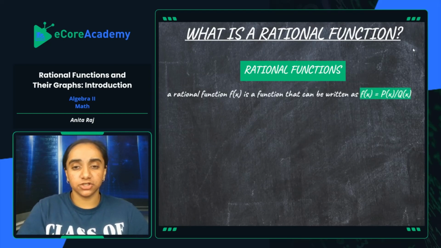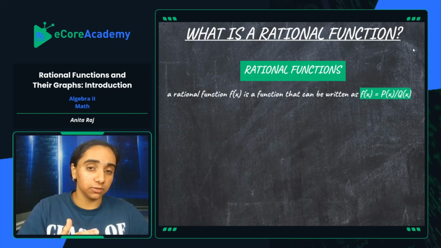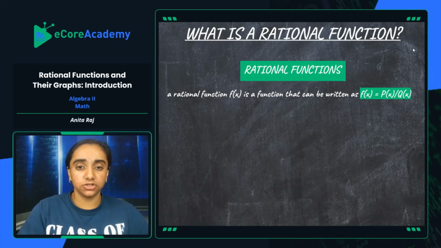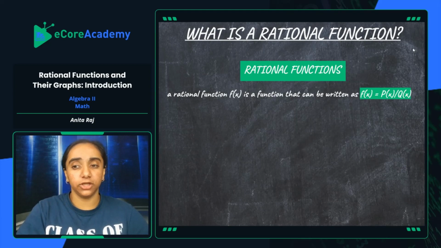So a rational function, we can think of a function as y equals a function, or we can think of it as f of x. So in this case, I'm just denoting it as f of x. So a rational function, f of x, is a function that can be written as f of x is equal to p of x divided by q of x. I highlighted that because I want you to keep that in mind. So we have f of x. F of x itself is our rational function, and then we have 2 more functions, which are called p of x and then another one called q of x.